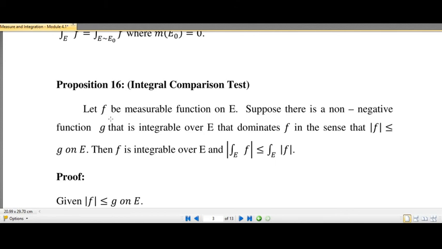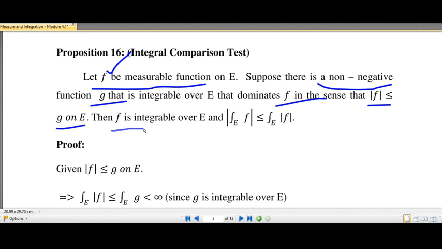This proposition says: let f be a measurable function on E, and suppose there is a non-negative function g which is integrable over E and which dominates f, that means modulus of f is less than or equal to g on E. Then we have to prove that f is integrable over E and modulus of the integral of f over E is less than or equal to the integral of modulus of f over E.